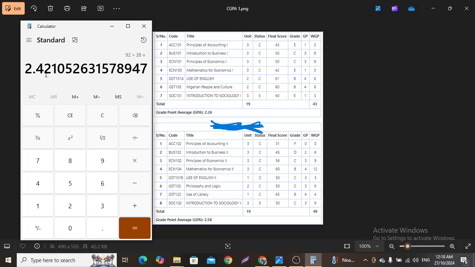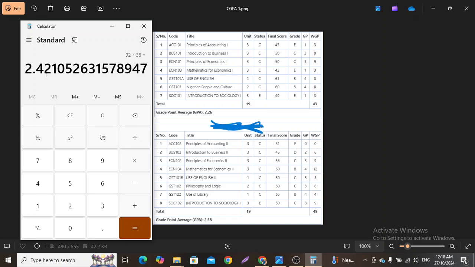So this is how you calculate it. You have your session CGPA, cumulative grade point average. This is how you will be adding up the units registered and the weighted grade points, and dividing from 100 level to 200 level to your final year.